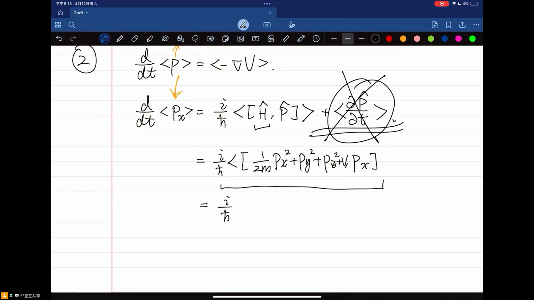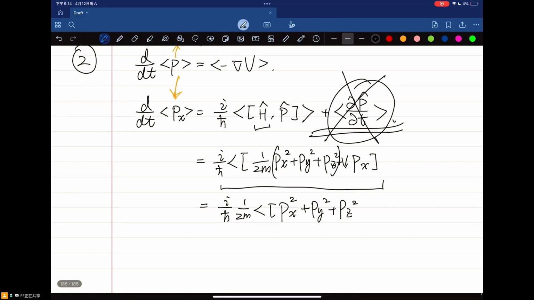And then we can separate those two terms. For example, here I have px squared plus py squared plus pz squared, and I have the potential energy, but I can remove the potential energy from inside and create another term for the potential energy.